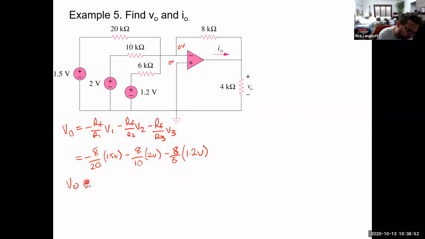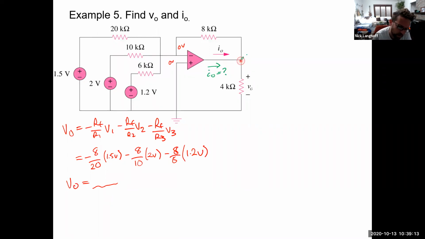If you wanted to find the output current, V out is equal to whatever the value is. If you wanted to find the output current, I out, let's just do that in green over here. I out equals what?